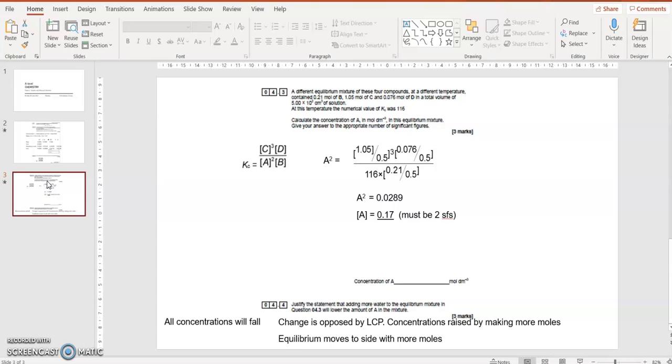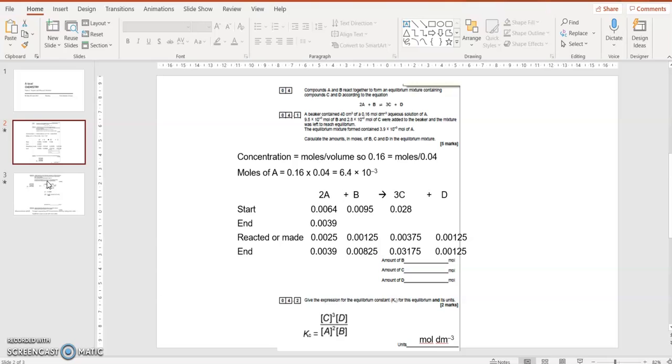But what it will do is raise the concentrations by making more moles. So it will shift the equilibrium to the side with more moles as concentrations fall. So it will lower the amount of A by shifting the equilibrium to the side with more moles.